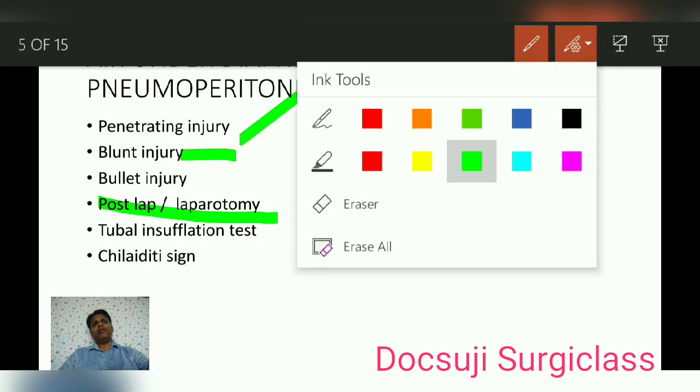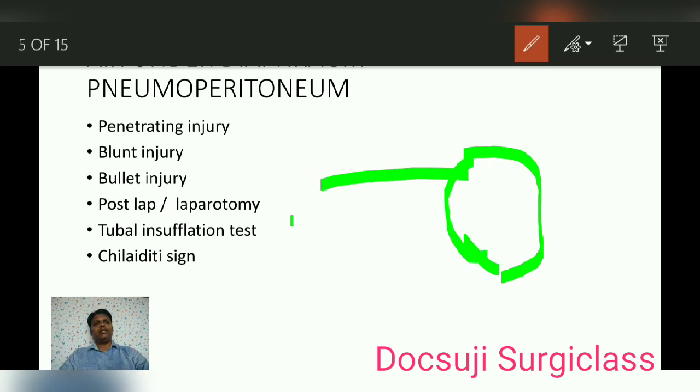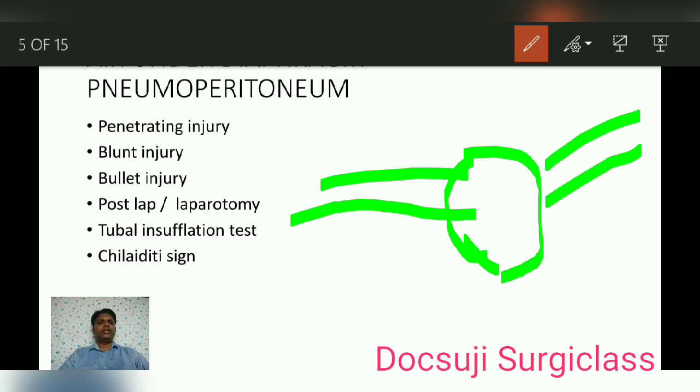In post-laparoscopic surgeries or laparotomy, in the immediate post-operative period, you can see air under the diaphragm. And this is very important: the tubal insufflation test. Consider this is a uterus and the fallopian tube is there. This test is primarily useful in infertility cases, that is hysterosalpingogram, HSG.